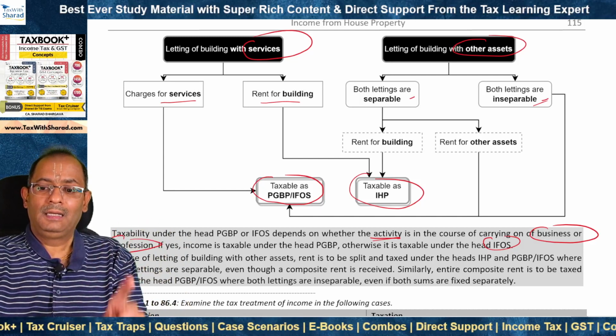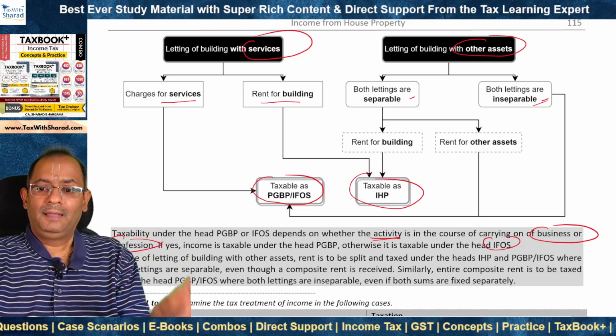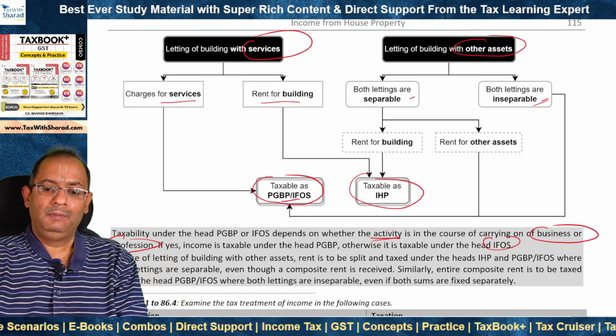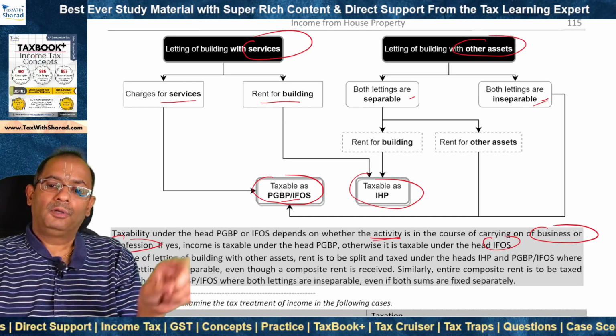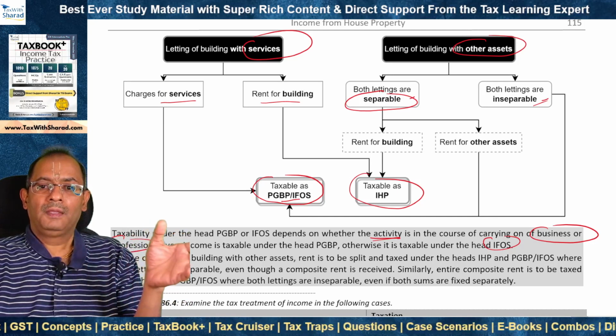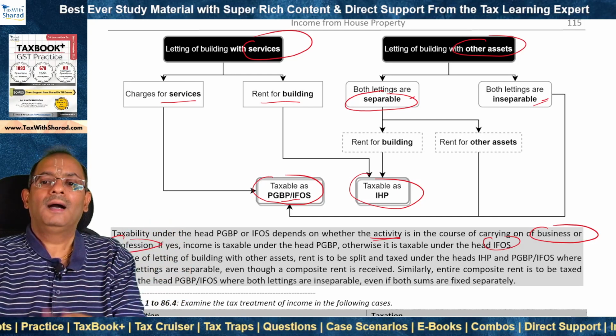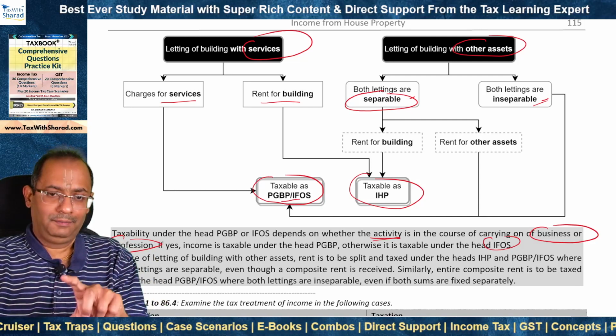In such case, income is not taxable under the head IHP. The entire income is taxable as PGBP or IFOS, as the case may be. But if both lettings are separable, for example, a house is let out with a car, now this is separable, right?